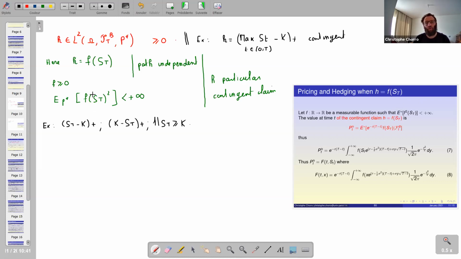Keep in mind that I have no regularity on f. I just have an integrability condition. So I have regularity in the sense of measurability, but I don't suppose f to be continuous, differentiable, or something like this.